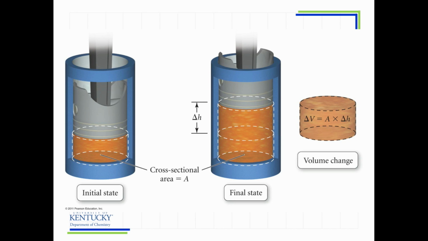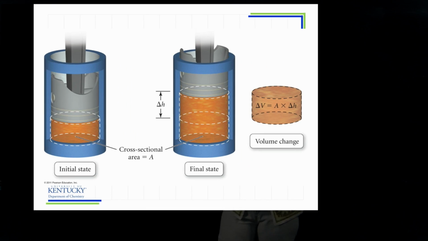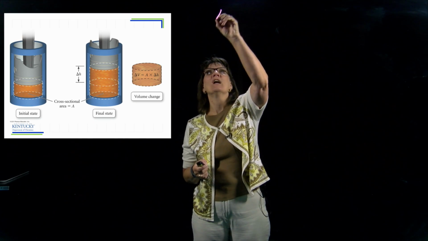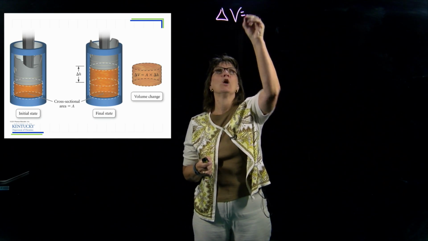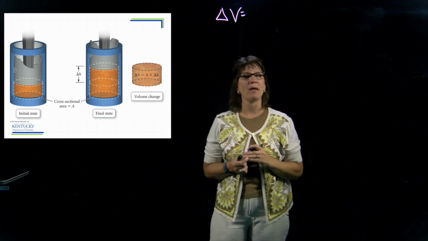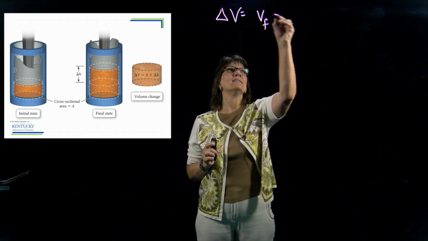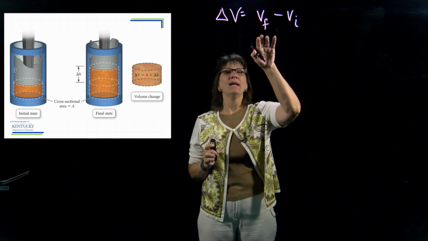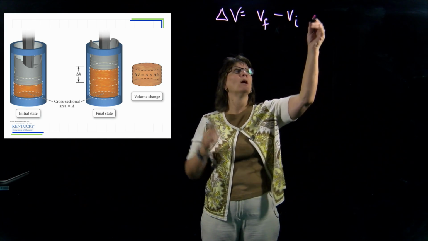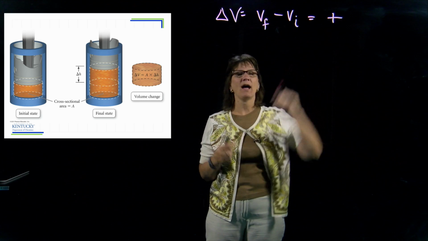In this expansion, would the delta V be positive or would it be negative? All right, let's go back to our light board here and let's think about these signs. For delta V, would that be positive or negative for that picture? Well, it's expanding. Final minus initial, big number minus a little number, this would be a positive value.